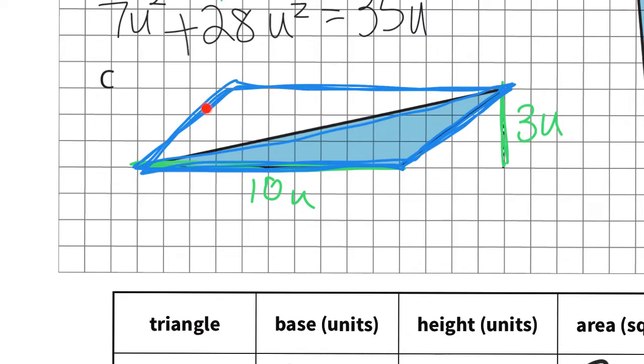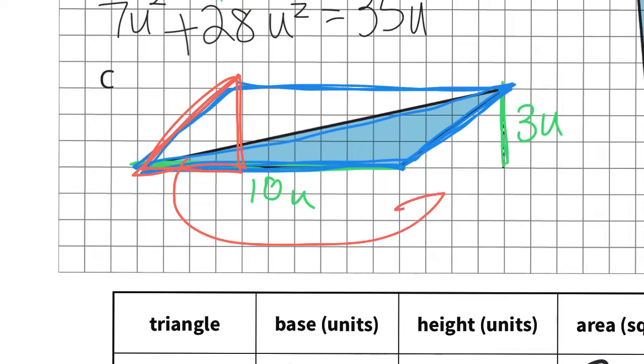And we know the formula for the area of the parallelogram. We learned that in previous lessons in this unit, that the base is 10, the height is 3, so 10 times 3 is 30. And if you don't remember how we did that, you can say, well, I can see that I can, let's see, 1, 2, 3, 4. I can take this triangle right here.